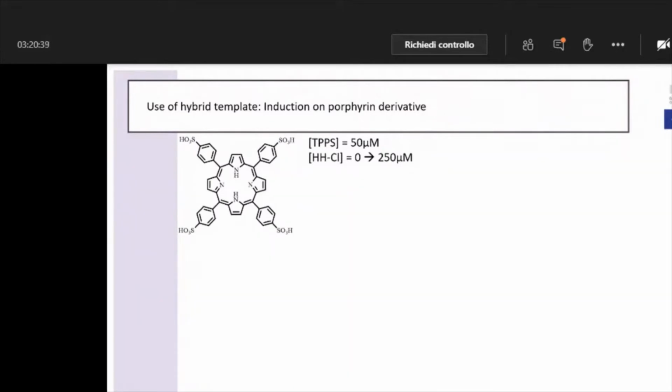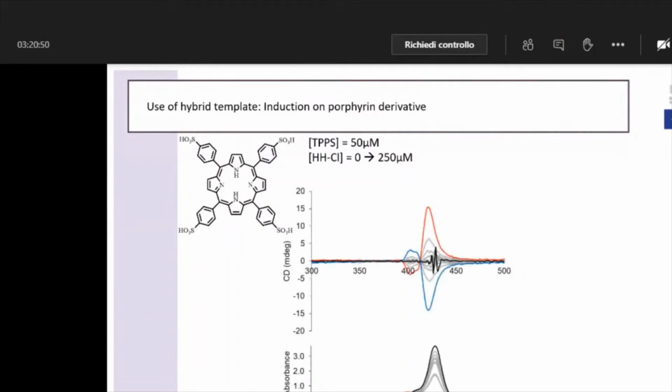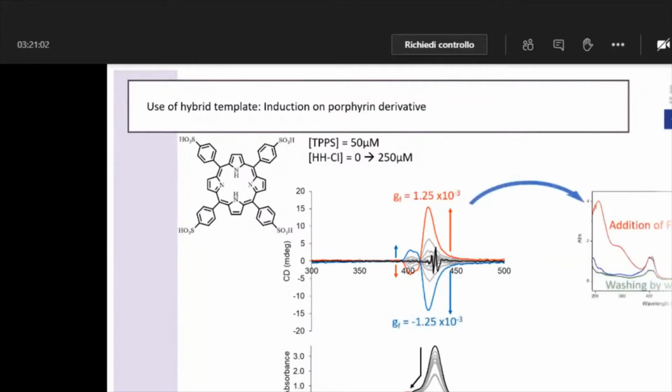For example, we did this also for porphyrin, in order to maybe attach some other molecule inside. We observe the same kind of result with an increase of chiral property and a decrease of the absorption. If you put iron in the same batch, you will of course first observe the iron chloride absorption, but after washing with water, the iron chloride leaves the medium, so it means you cannot attach it.